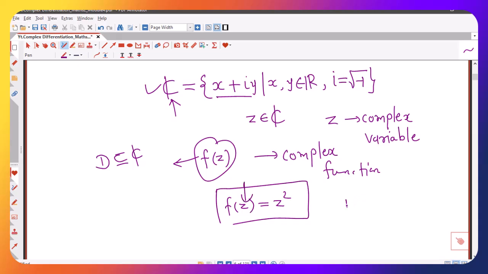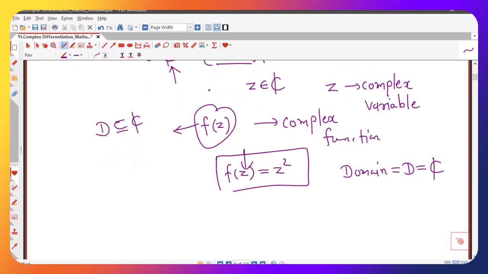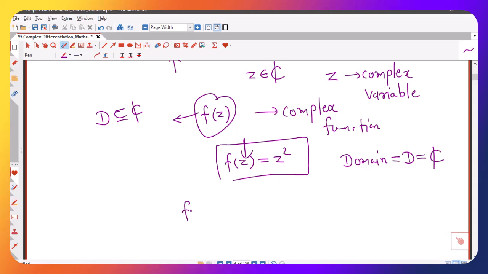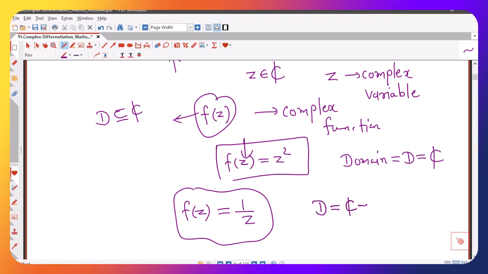Therefore the domain is the whole set of complex numbers. But suppose I consider f(z) equal to 1 by z, then this is defined for all complex numbers except z equal to 0. So here the domain will be the set of all complex numbers excluding z equal to 0.